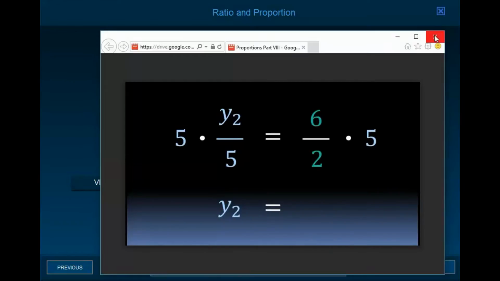And that will be equal to, we can calculate 6 over 2 is 3 times 5 is 15. Y sub 2 is equal to 15.